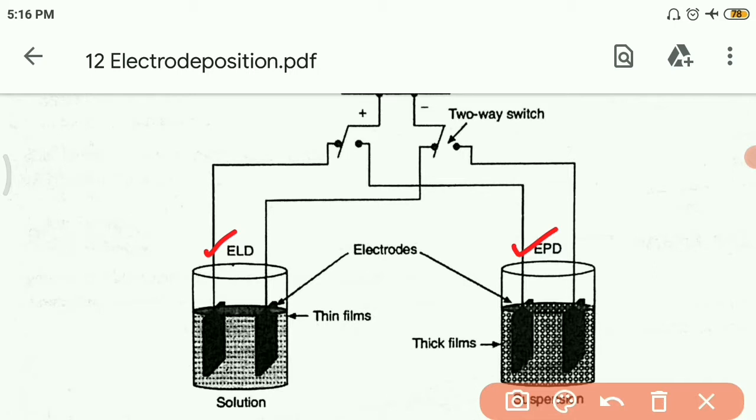Okay, so ELD enables the formation of ceramic films and nanostructured powders, whereas EPD is an important tool for the preparation of thick ceramic films and body shaping. Okay, you can see in case of EPD thick films are produced, whereas in case of ELD thin films are produced. Okay, both contain the respective electrodes, right?